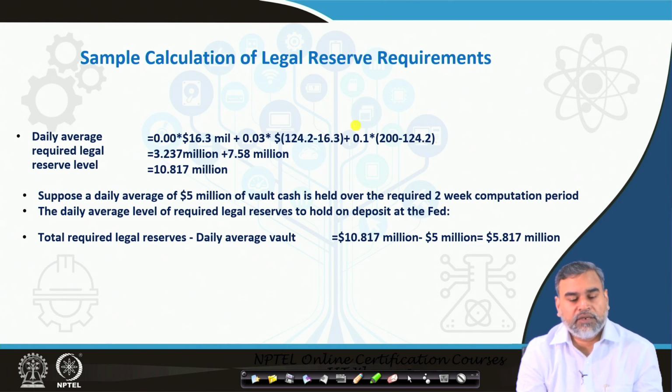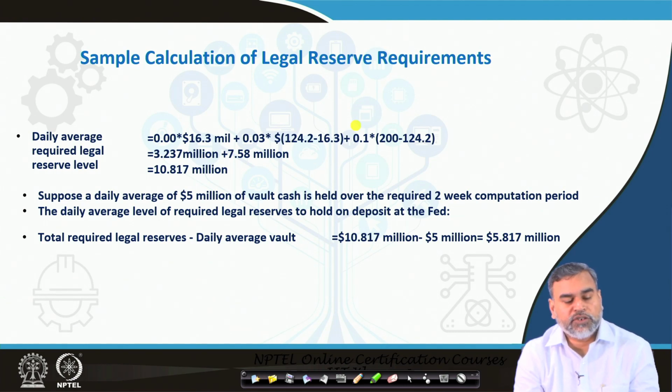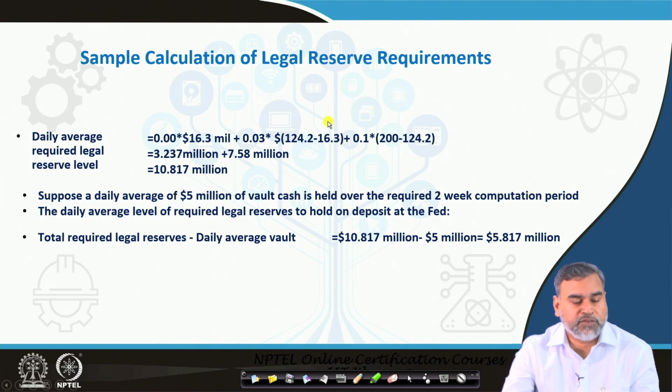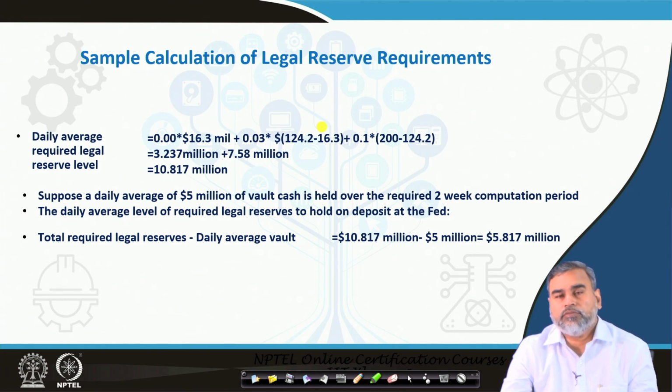The legal reserve requirement is calculated in this way: 0 into 16.3, because that is 0% always we have considered, plus 0.03 into (124.2 minus 16.3), plus 0.1 into (200 minus 124.2).